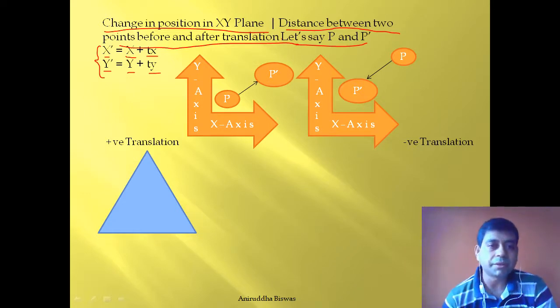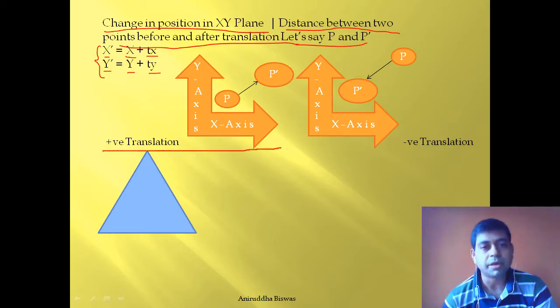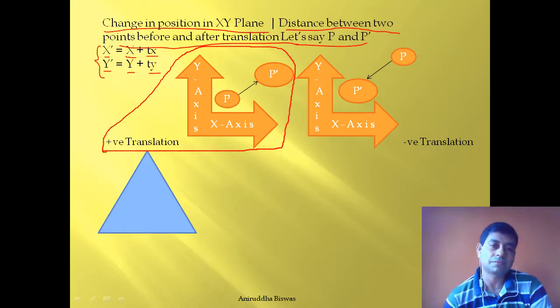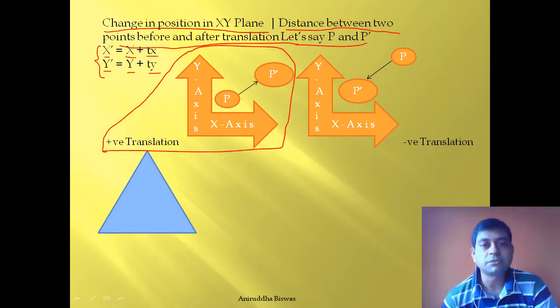So here in the first image, this portion, it is a positive translation. Why is it positive? Because the direction is away from the origin and it is within the x-axis and y-axis.